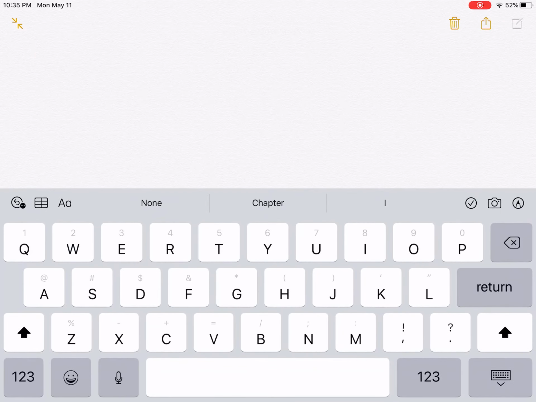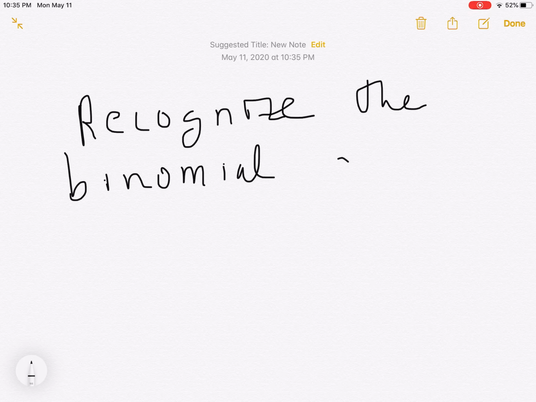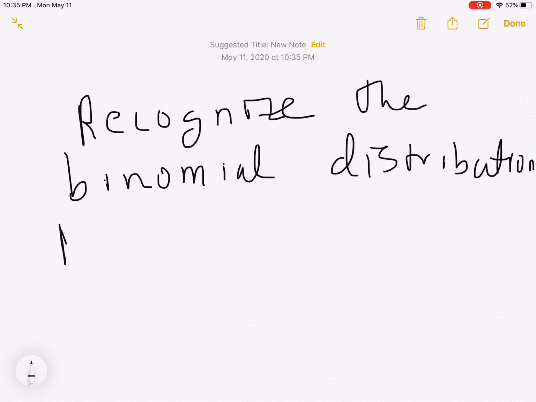And I want to reiterate, just like I did for the geometric, the most important thing about a binomial is being able to recognize the binomial distribution. So one key difference is that there's a finite number of trials, unlike the geometric, in which there's an infinite number of trials.